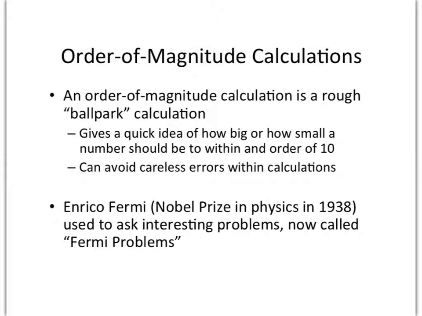We call these Fermi calculations sometimes. If you can estimate something within an order of 10, that is, if you know there's roughly on the order of 10 of something versus 100 of something, or 10 of something versus 1 of something, you can do kind of an order of magnitude calculation.